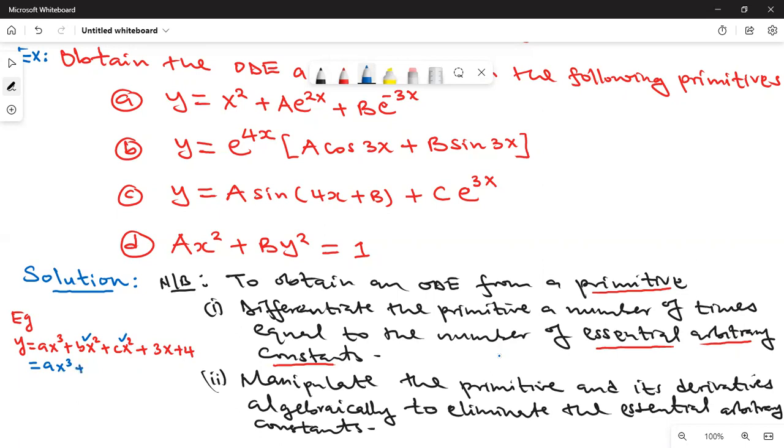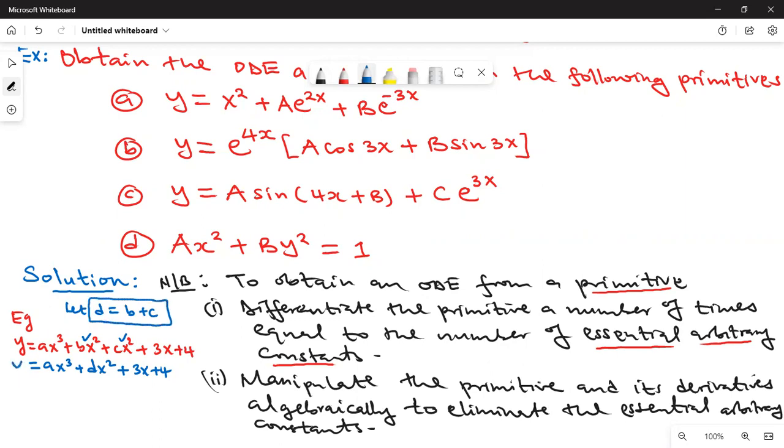So let's say that b plus c is d, then times x squared, then we have 3x plus 4. Whatever I'm calling d is the sum of b and c. You're saying let d be equal to b plus c. When you add any two arbitrary constants, you get another arbitrary constant.